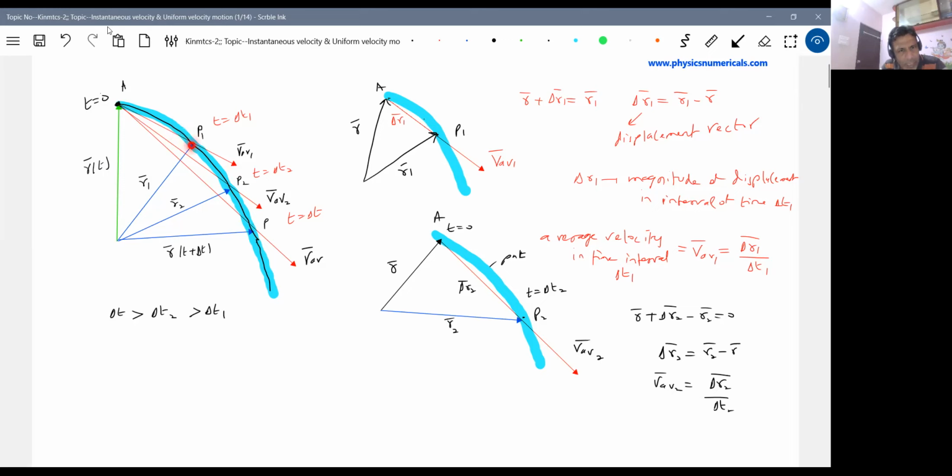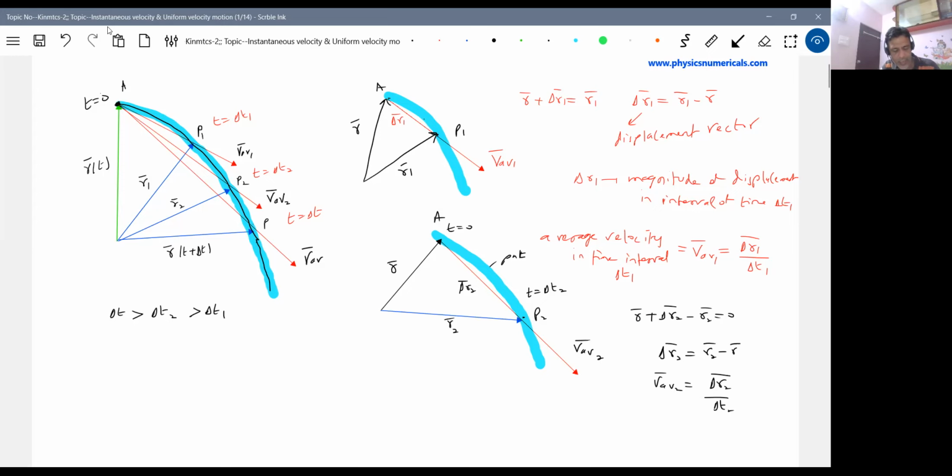Somewhere, if I make delta T very small, meaning if I bring point P very close to A, what do we expect? If I bring the point here, then the displacement vector will come here. If delta T is very small, so that point P lies very close to A, then the displacement vector will be almost tangential to the path.